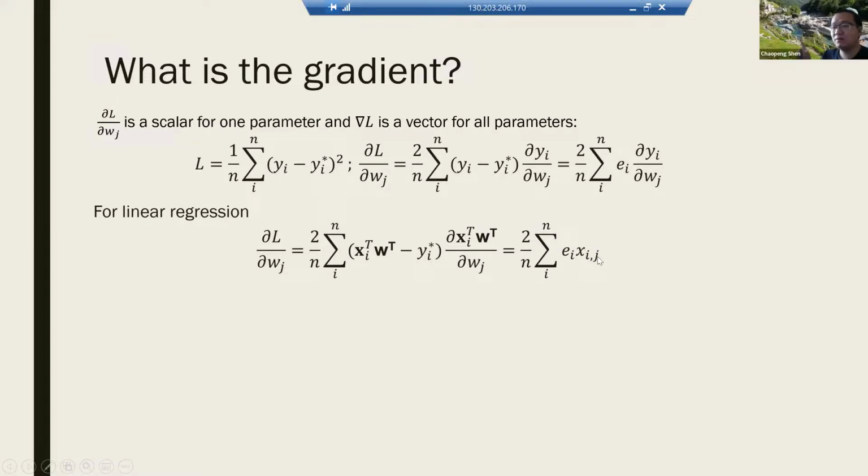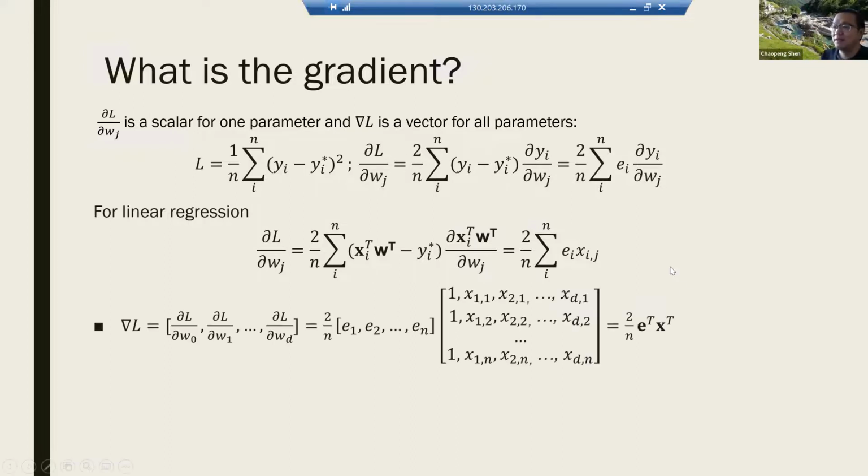The j represents the jth dimension. Recall that in our previous model, x0 is 1, and x1 is the first predictor.